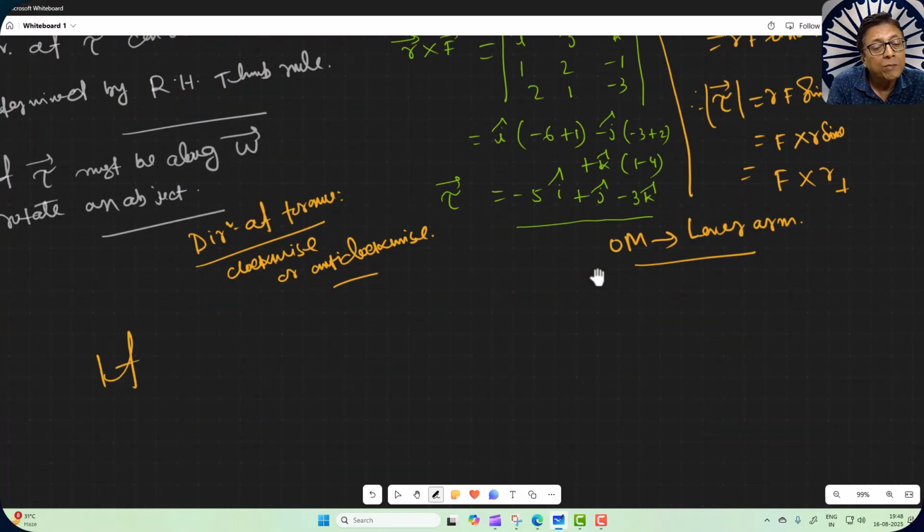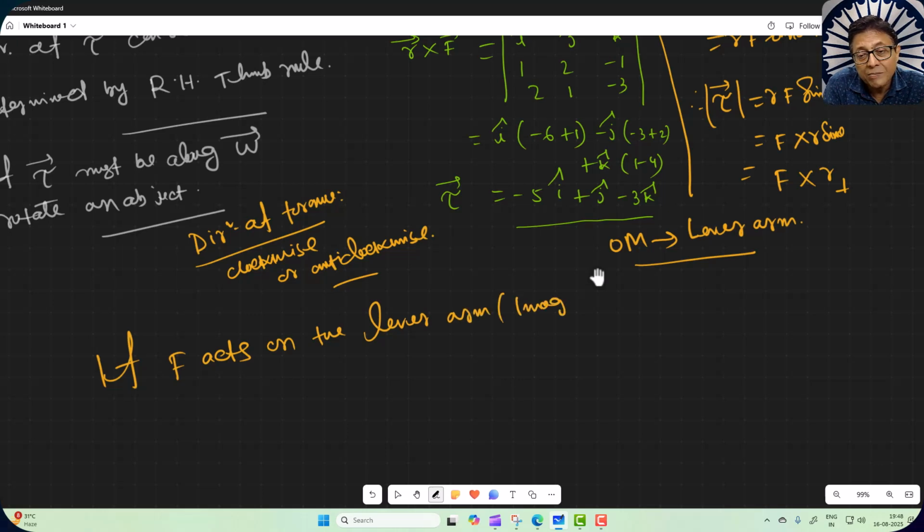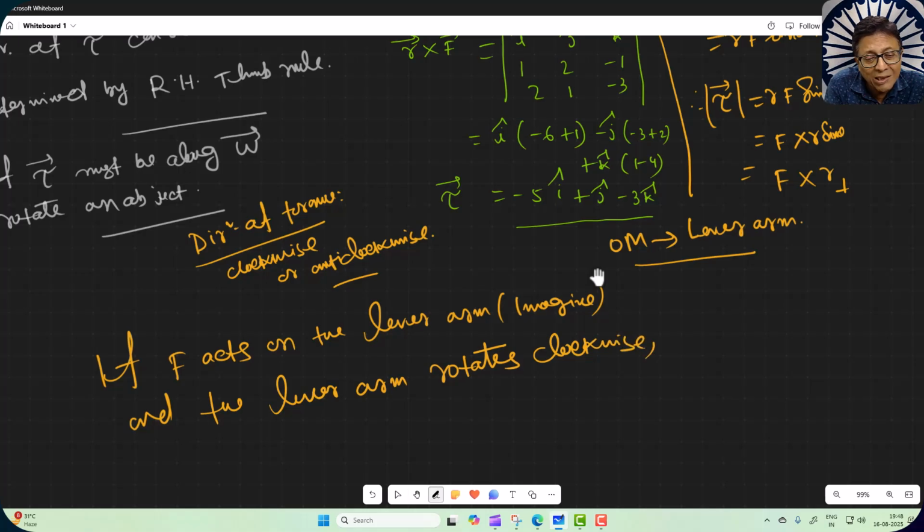If force acts on the lever arm, you just imagine, and the lever arm rotates clockwise, then tau is clockwise.